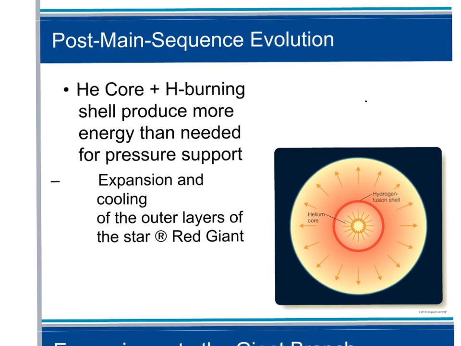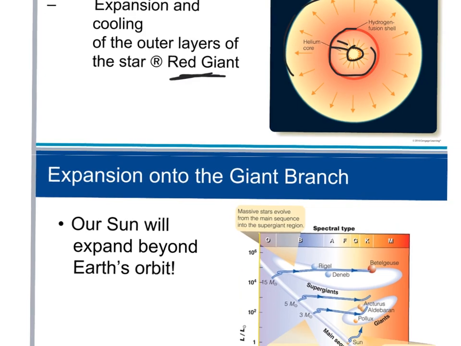You used to have this nice and tight, dense area, so you end up with an expansion. And so this hydrogen shell right here starts right there and it moves outward, and you're starting to get that big expansion. And as you expand, you see some cooling of the outer layers of the star, and consequently you get what's called a red giant. So that's where you see the red star, the really hot one there now.